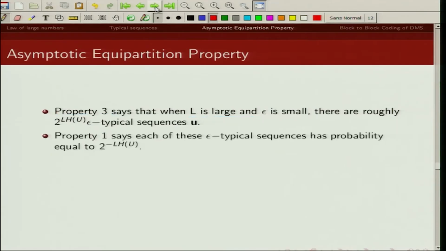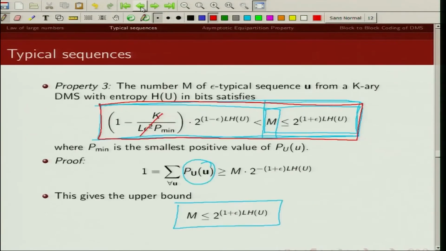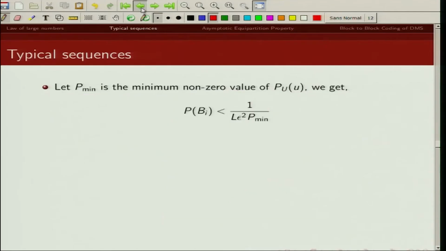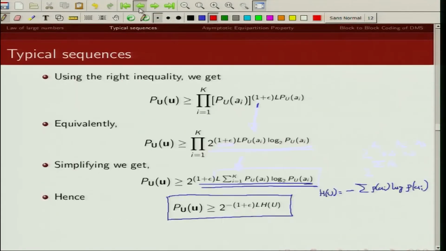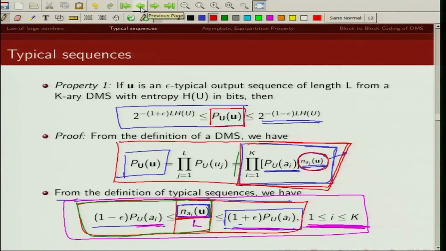Now, what does property 1 say? Property 1 gives us the probability of occurrence of these typical sequences. To refresh our memory, if you go back and see what property 1 was, it was this. It talks about the probability of occurrence of a typical sequence.